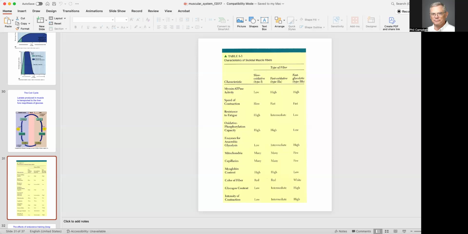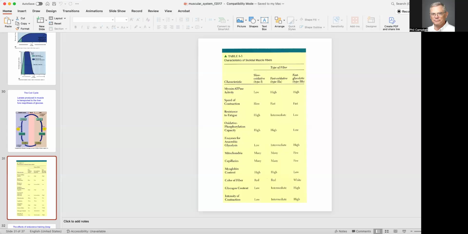So their speed of contraction is also low because they're designed for slow and steady work. Resistance to fatigue: because we're doing oxidative phosphorylation, they are resistant to fatigue. Next, oxidative phosphorylation capacity is obviously high because that's their primary source of energy.